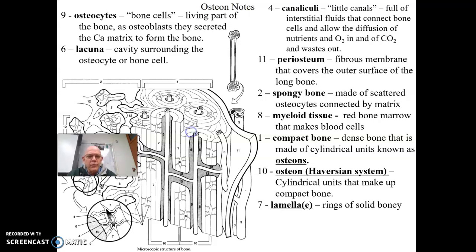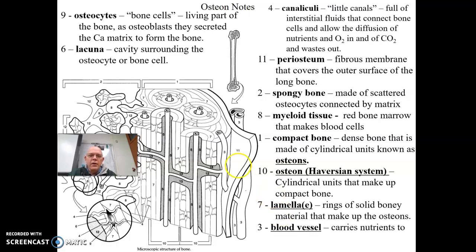Another word for lamella would be layers. There are layers of solid bony material or matrix around each of these, and so the whole column is called the osteon, but these little layers of bone in it are called the lamella.